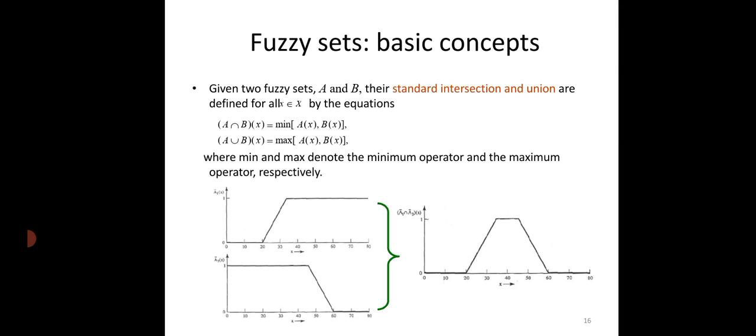A intersection B of x is equal to the minimum of A of x and B of x, and A union B of x is equal to the maximum of A of x and B of x. You can see the intersection region, which is the minimum, and the union must cover both A and B.